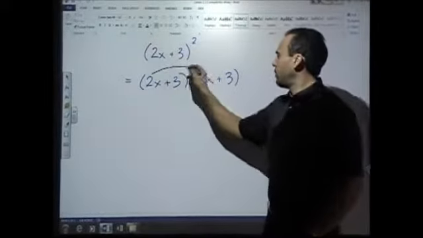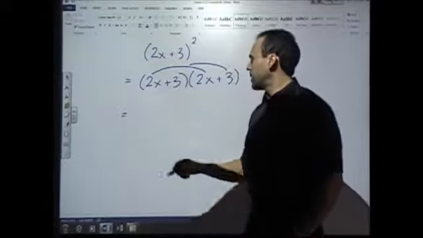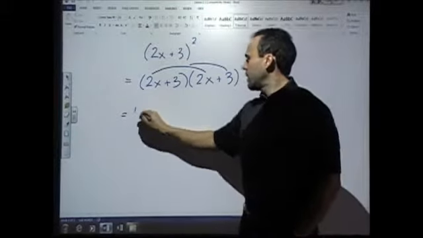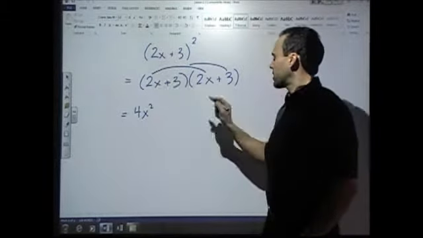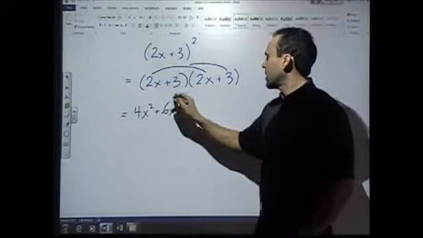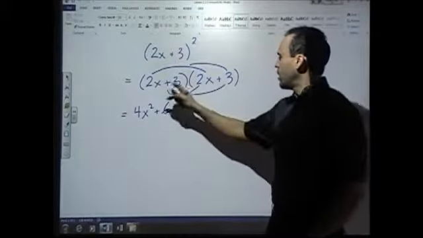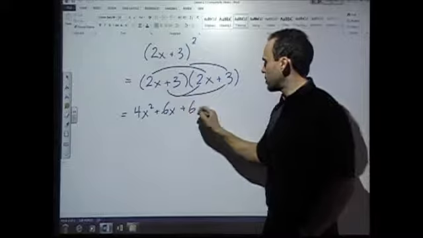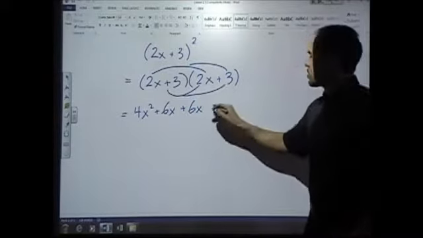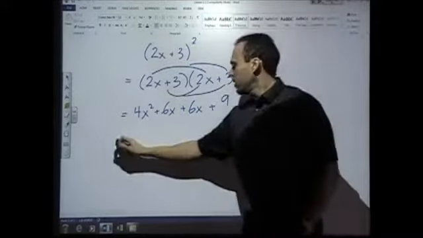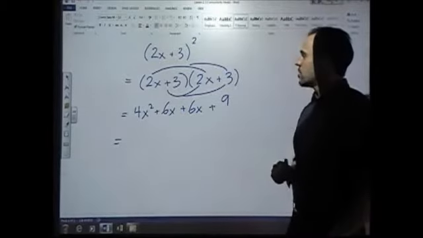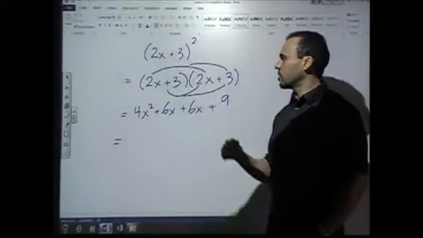And then if you apply FOIL to this, multiplying everything by everything, 2x times 2x is 4x squared, 2x times 3 is positive 6x, and then over here, multiplying the 3 times 2x is another 6x, and 3 times 3 is positive 9.